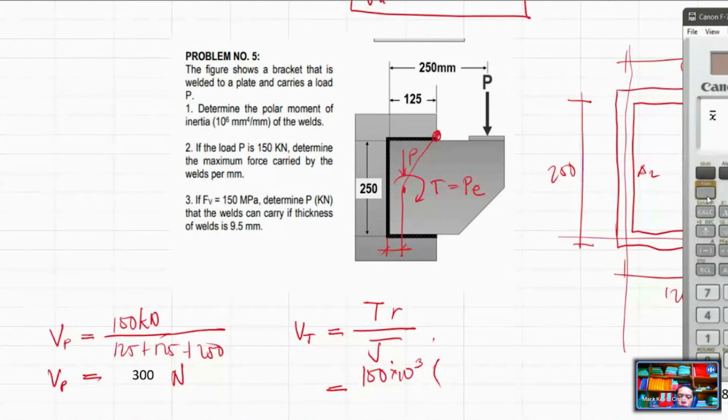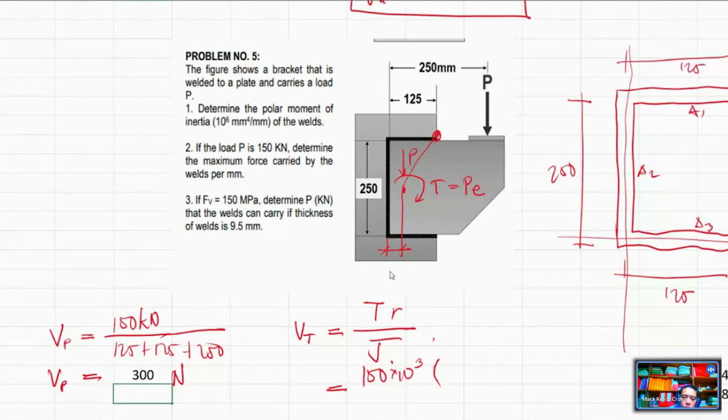That is x bar, and that is 31.25. So here, 125 minus 31.25 is 93.75. This distance is in mm, of course.